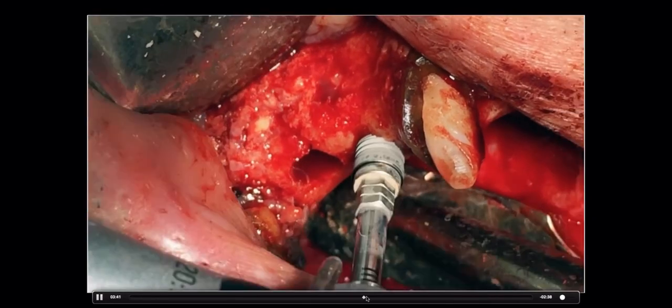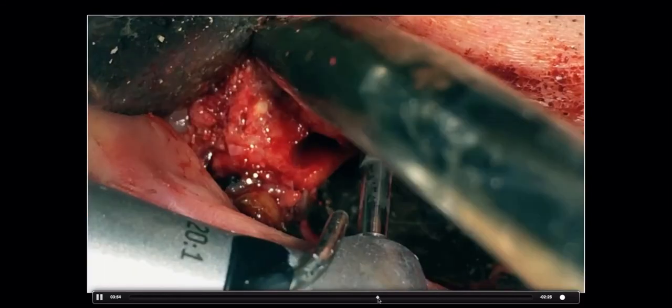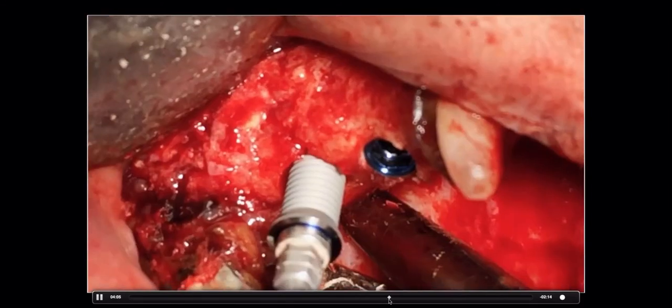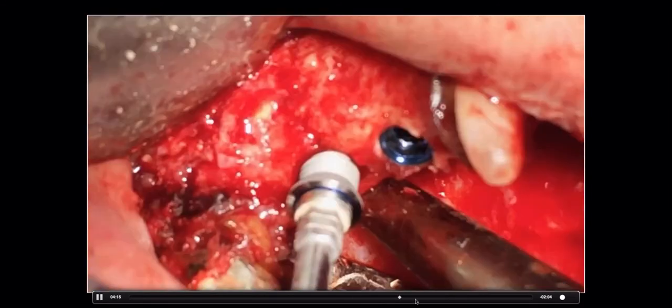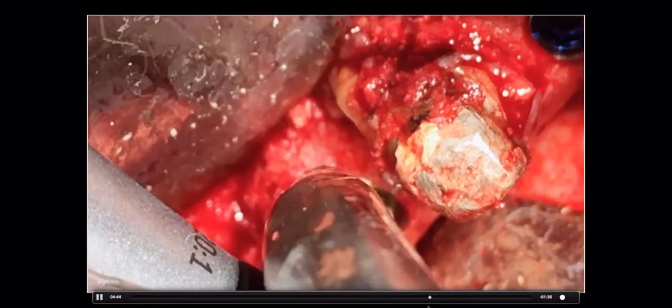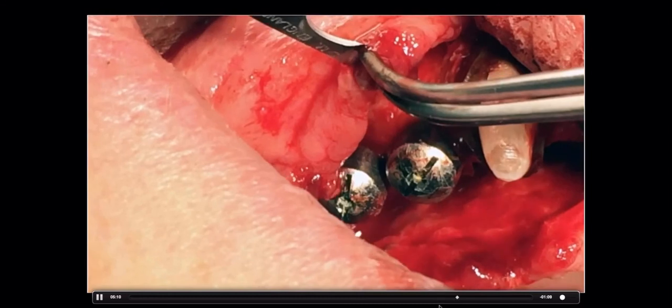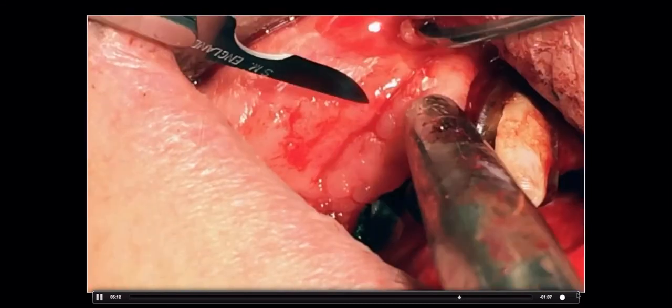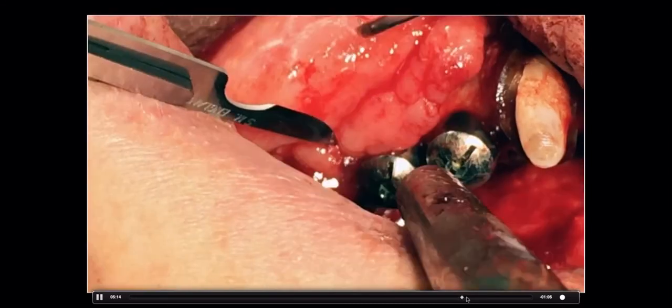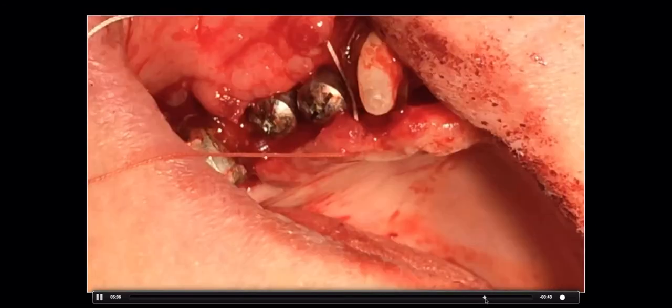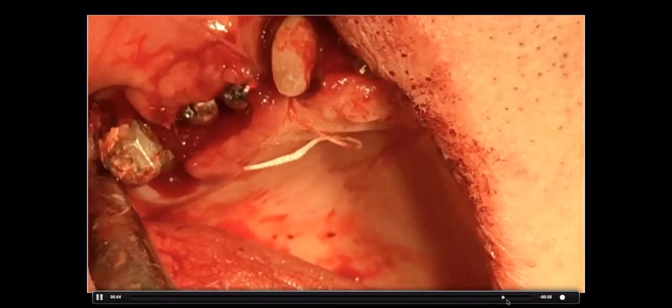This is number 14. This is number 15. This is number 17. And this is the closure of the flap.